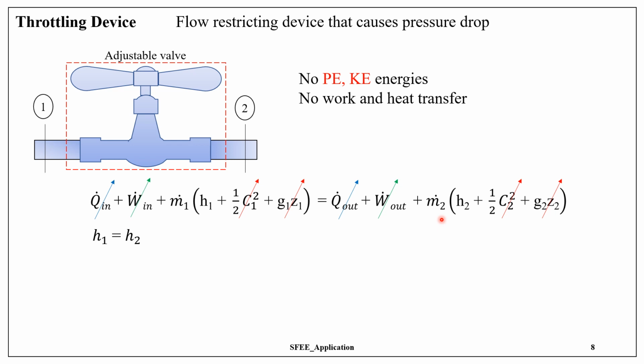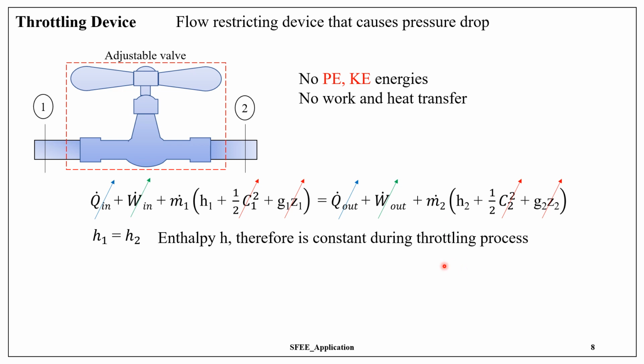So U1 may be equal to U2, but flow occurs. How is P1 V1 equal to P2 V2? And this process is called a throttling process, and the device is a throttling device. So the throttling process is the one in which enthalpy is constant.